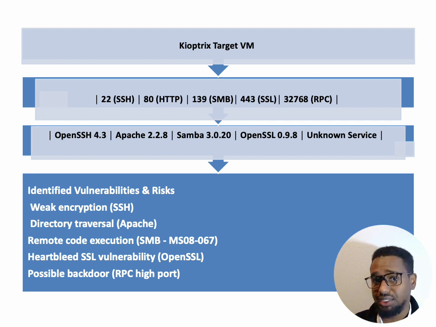For example, if the attacker finds an outdated Apache web server on port 80, they might attempt a directory traversal attack to access restricted files. Similarly, if an old Samba version is detected on port 139, they could use a known exploit like MS08-067 to gain remote code execution.